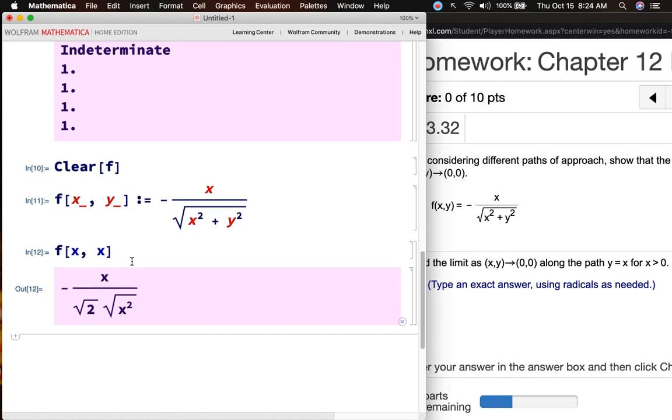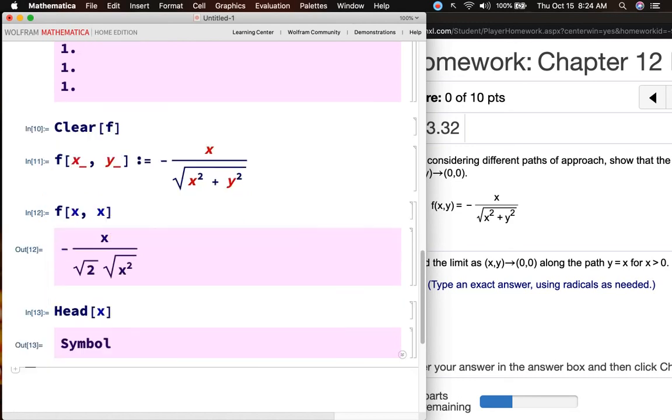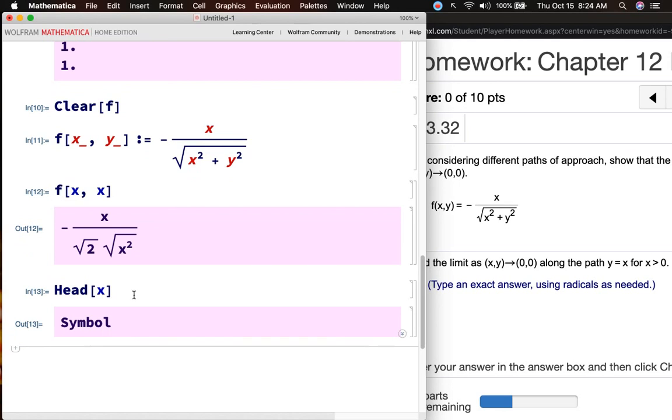Okay, so all Mathematica knows is that x is a symbol. Mathematica doesn't understand that x represents a real number that could be negative or 0 or positive. So one way of doing that is this.